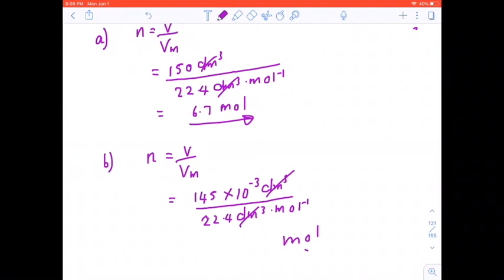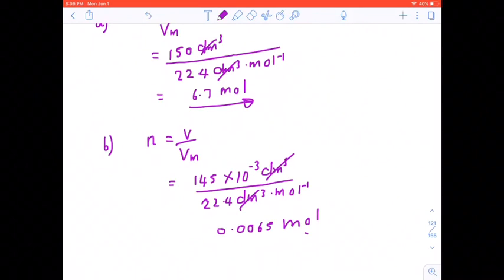And that gives us 0.0065 moles, which is then equal to 6.5 times 10 to the minus 3 moles.